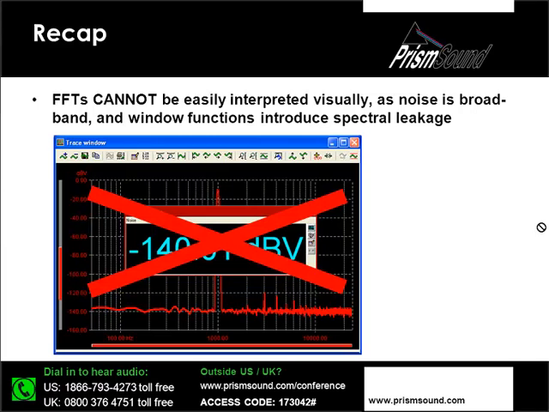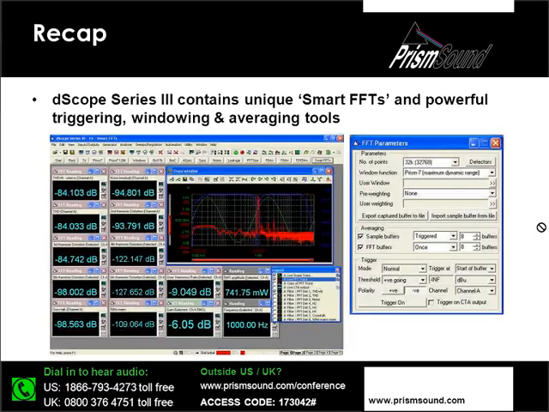We need more sophisticated numerical processing tools, and I've just in that last example shown you how you can use this particular measurement system to do all of that number crunching for you, factoring in the effect of whatever window function you have used, and allowing you to do averaging and customized triggering according to whatever it is that you need to do.